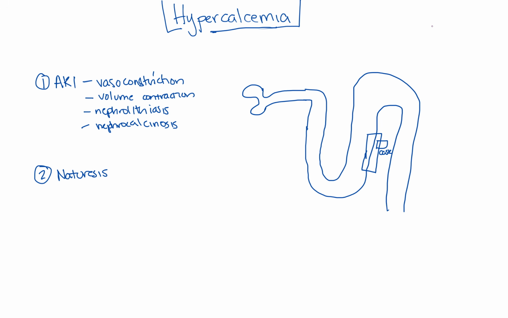Now, these calcium sensing receptors, so I'm going to zoom out a little bit and just look at them. When calcium or magnesium binds these calcium sensing receptors, the way they work is that they inhibit our sodium potassium chloride cotransporters in the ascending limb of the loop of Henle.